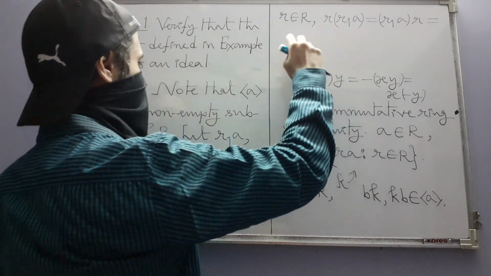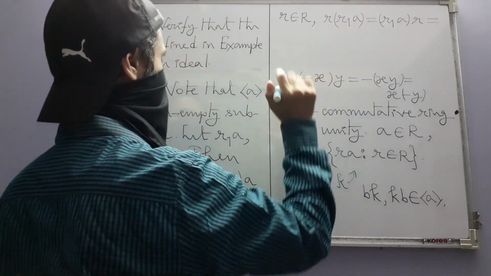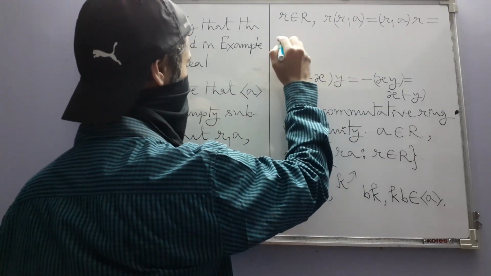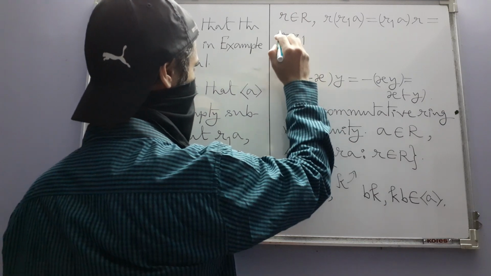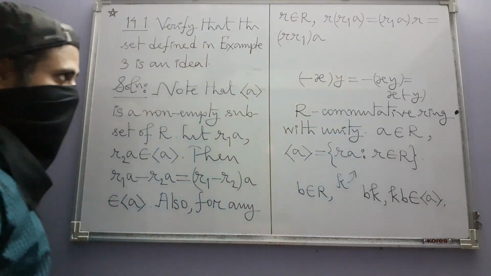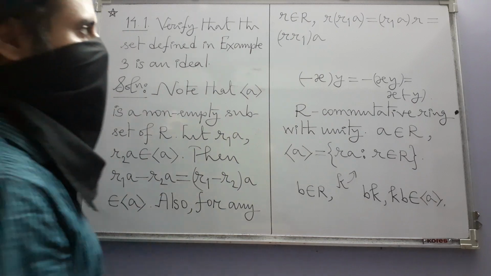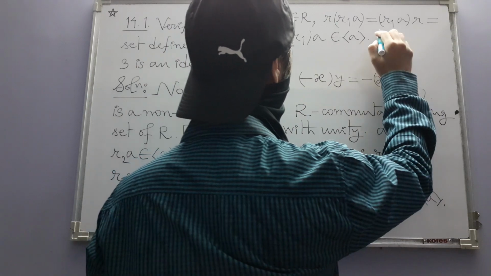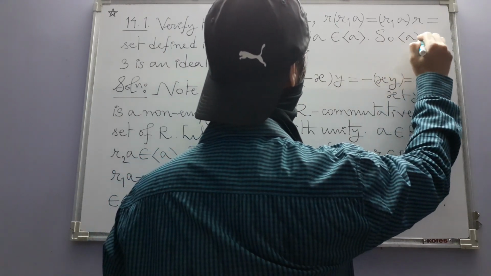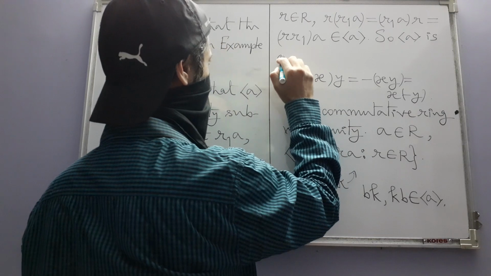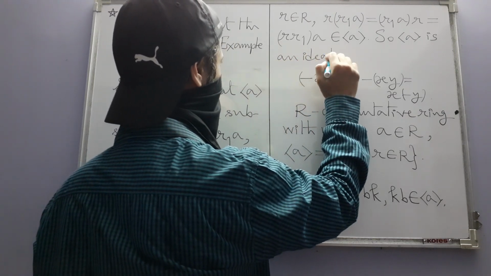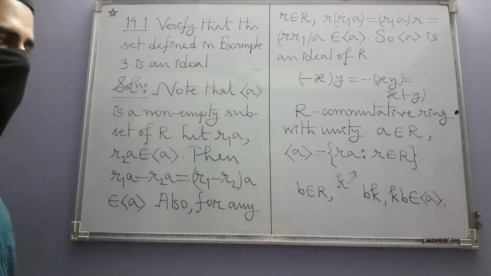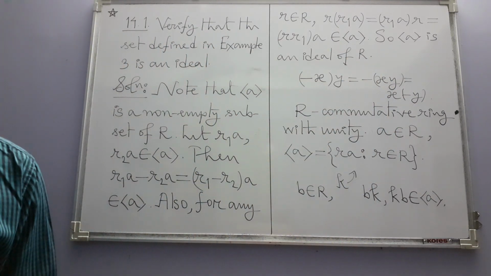And this is equal, okay, perhaps I should have written this first, but anyway, by associativity of multiplication in the ring, this can be written as (R R1)A, but then again this is an element of that form, so this belongs to the subset. So this is an ideal of R. So that is the solution. It's pretty simple and straightforward.